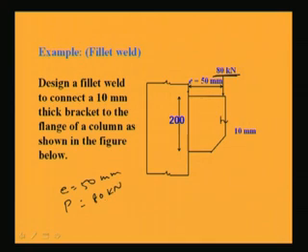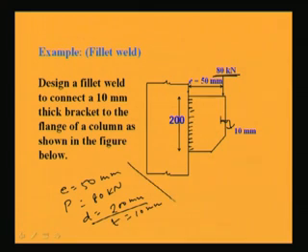These are given, and the depth of the weld can be made as 200 mm, means if we make full welding. Okay. So, depth can be made 200 mm and the thickness of this bracket plate is given as 10 mm. So, these are the given things.